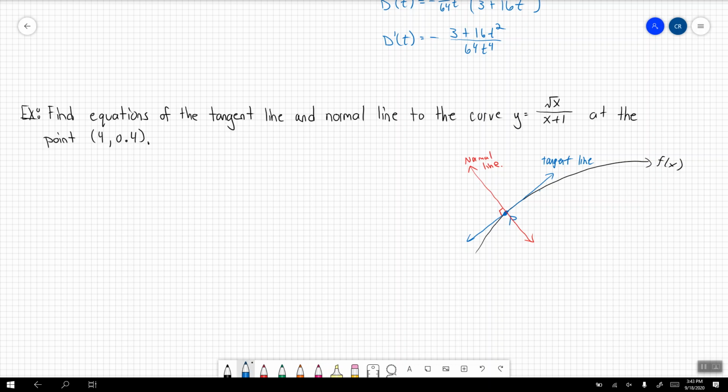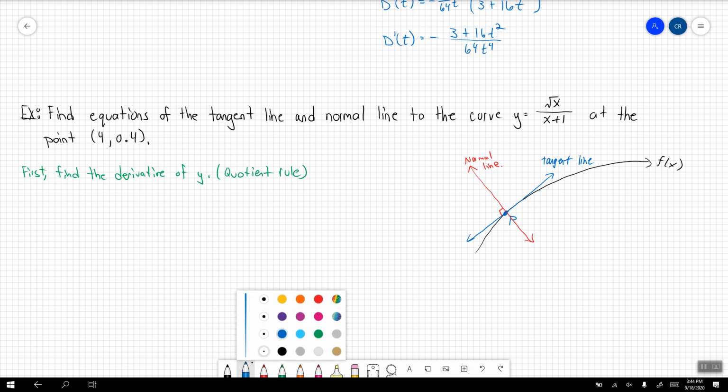So first off, let's start by finding the derivative of y. In order to do this, we're going to have to use the quotient rule. Now, the quotient rule only applies in this case because we have a numerator divided by a denominator with two different functions.